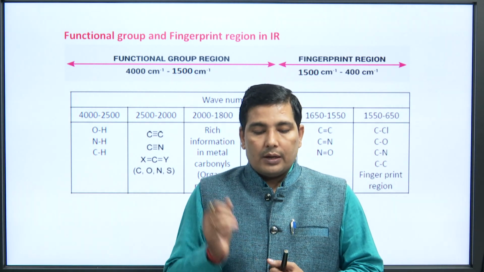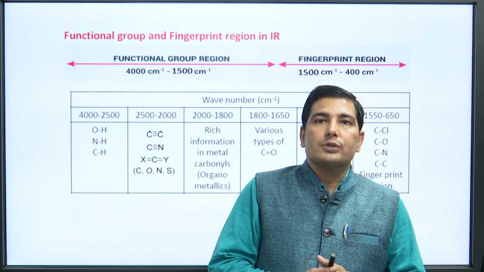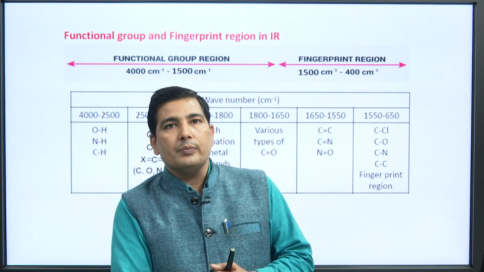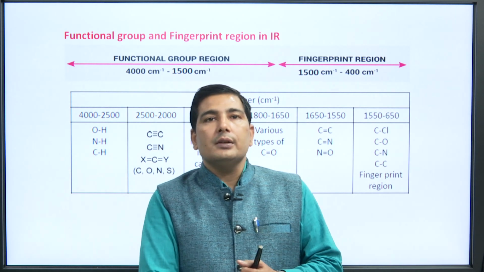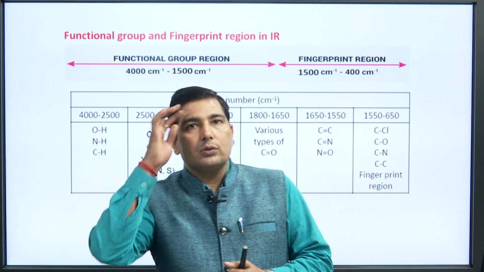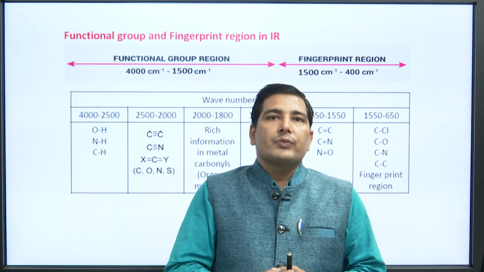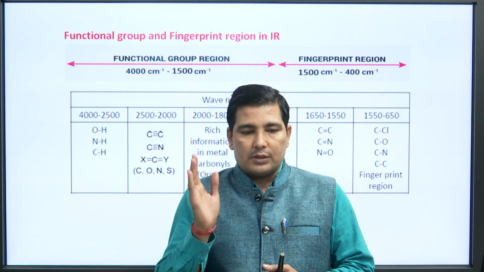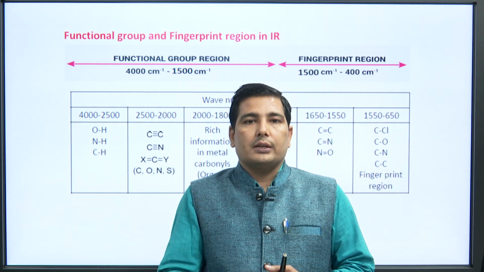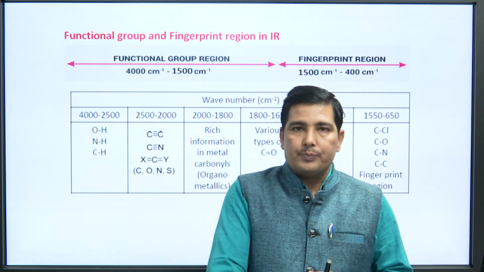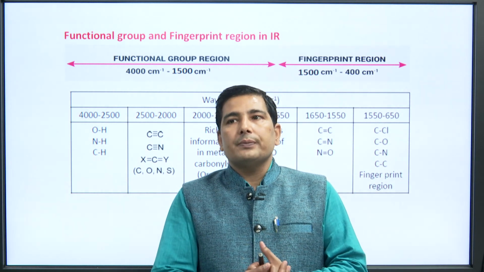This region may be divided into two subgroups, very important from the examination point of view, that is the functional group region and the fingerprint region. The approximate region 4000 to 1500 centimeter inverse is called the functional group region, because absorption in this particular region gives information about functional groups, means most of the functional groups absorb in this region.